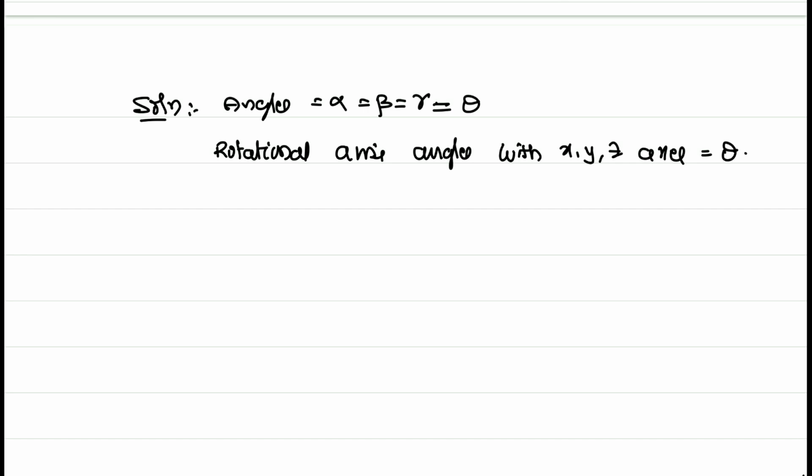Then, as per vectors and directional cosines, cos square alpha plus cos square beta plus cos square gamma is equal to 1.